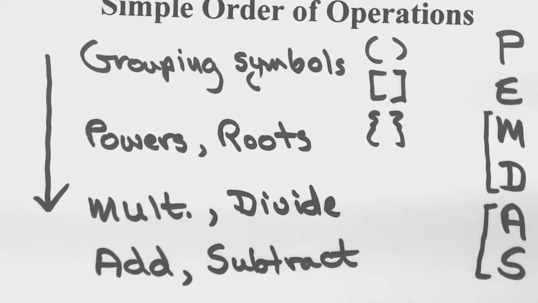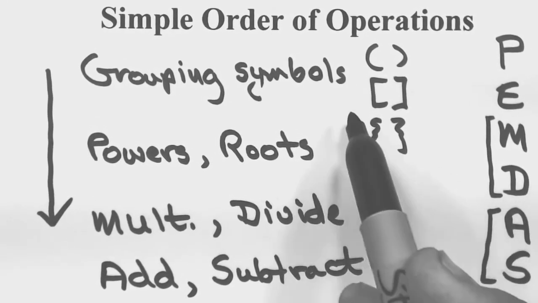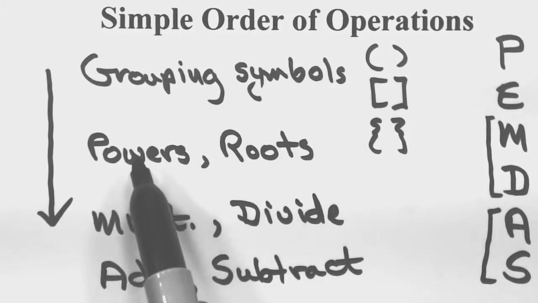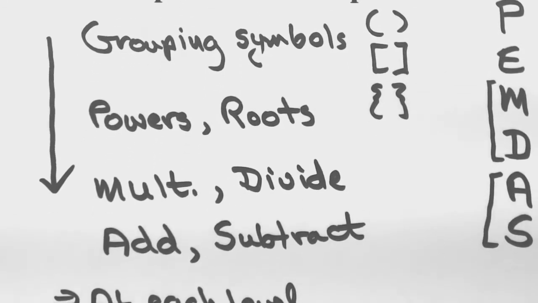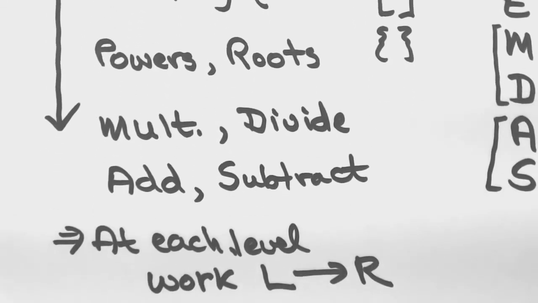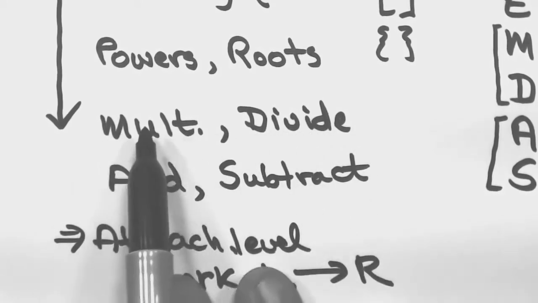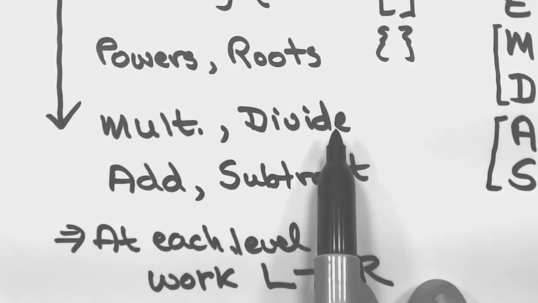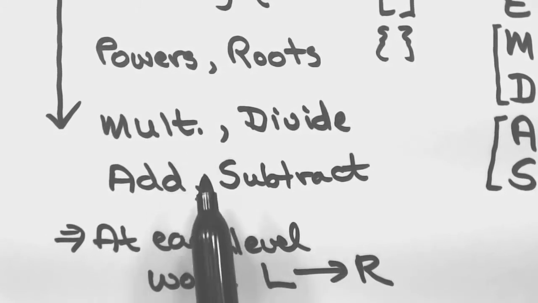So it's much better to learn the order of operations, how it officially goes here. Grouping symbols, powers and roots, next level, multiply and divide after that, finally add and subtract. And the key here, at each level, if you've got a bunch of multiplies and divides, you work from left to right, meaning if there's a divide on the left, you do that divide first.